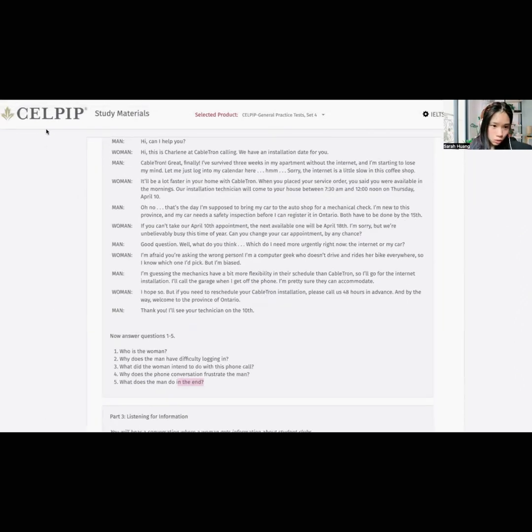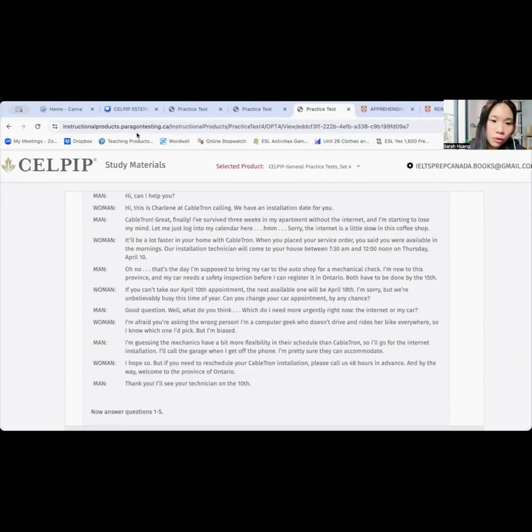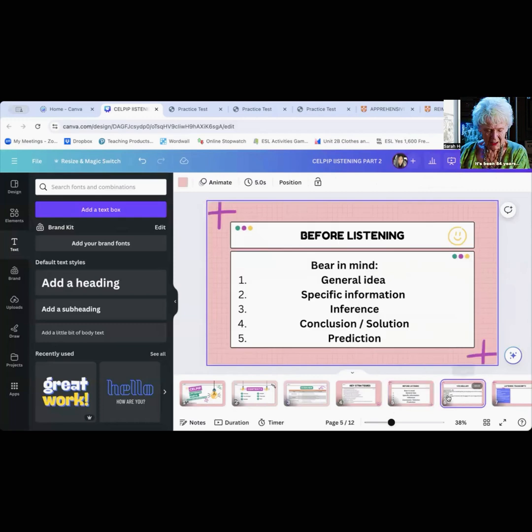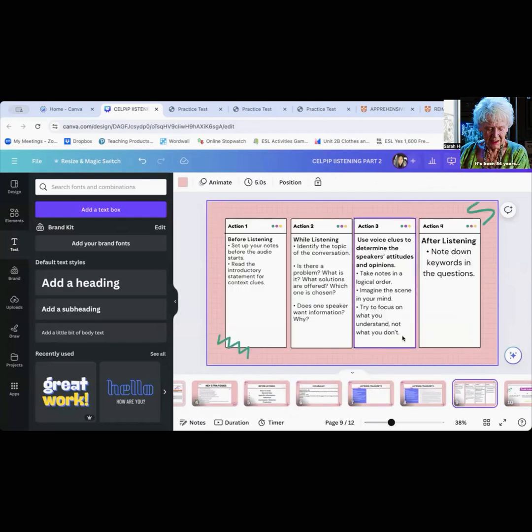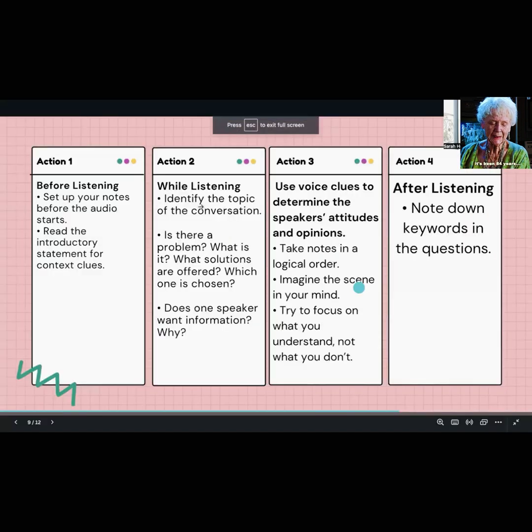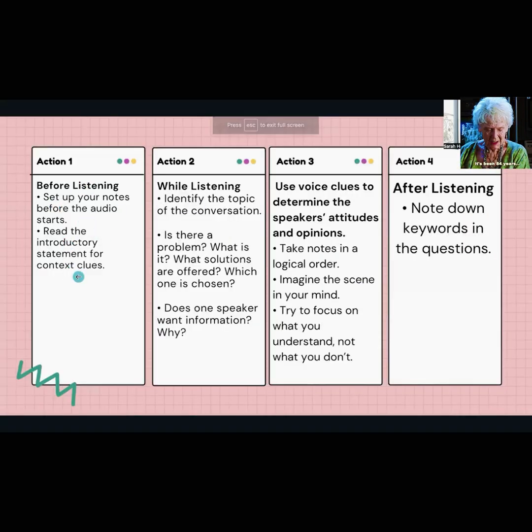All right. So now we can go back to our key takeaway. Yeah. So before listening, we want to set up your notes and read the instructions, the introductory statement for context clues.